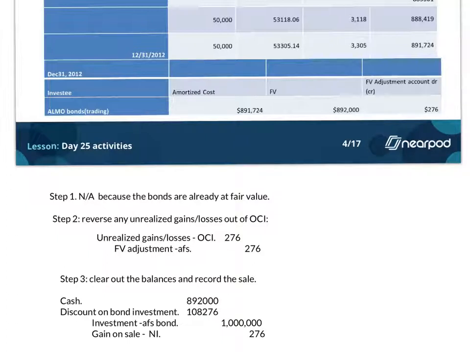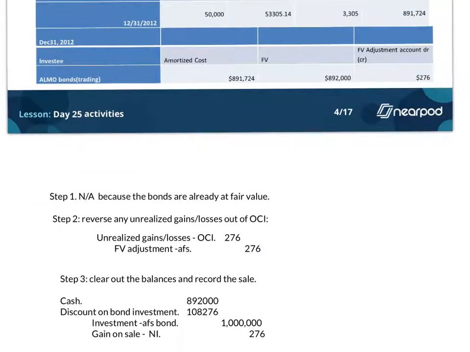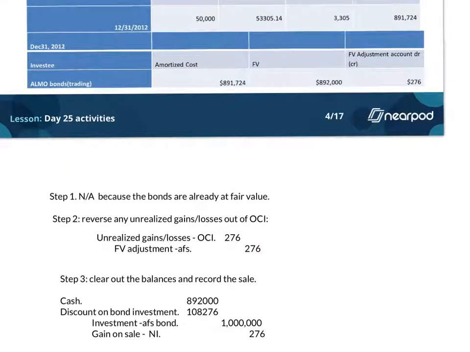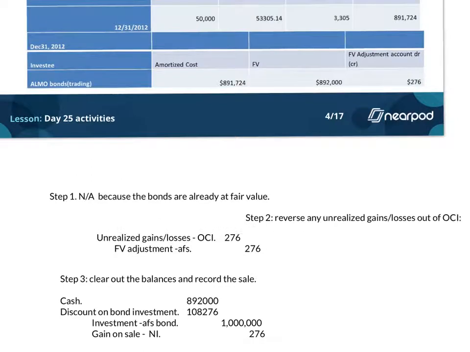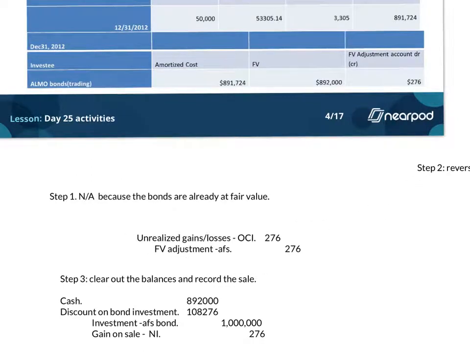And we talked in class about what would be different if it was a trading security. So let's just run through that real quick. If this had been a trading security, then you would not have done step number 2. It would have gone away.